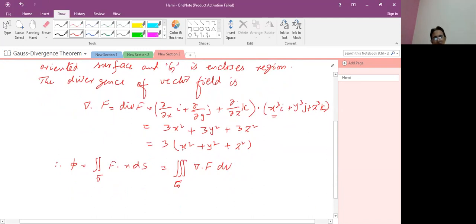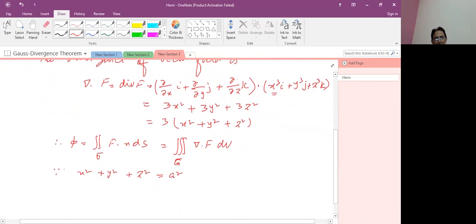Because this equation represents a sphere, as you know, x squared plus y squared plus z squared equals a squared. As you know very well, this is called the sphere equation.